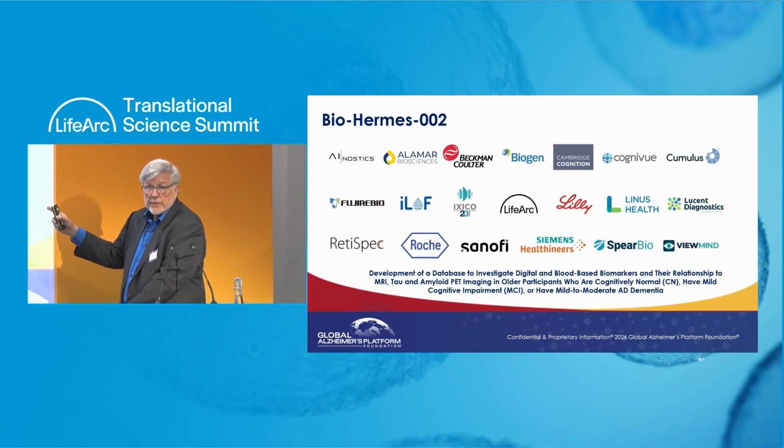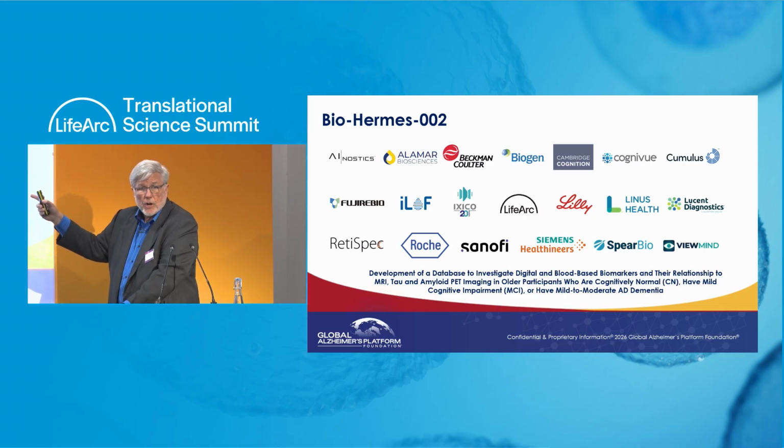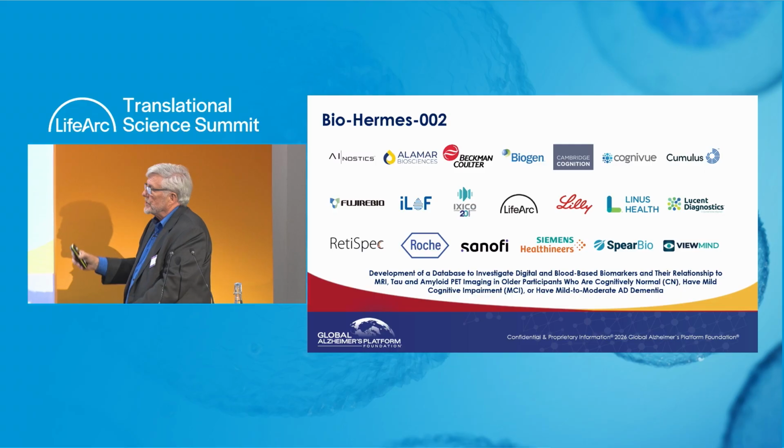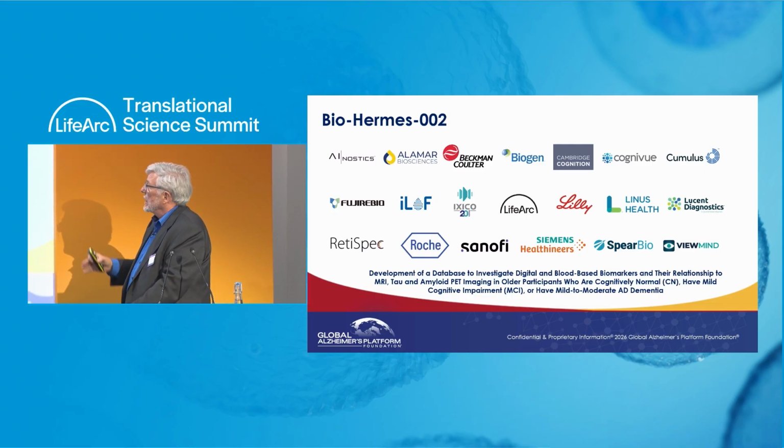Spear Bio wasn't even a twinkle in our eye in 2017. Neither was Alamar. It started in 2018. And they're bringing a next generation of blood test technology to the marketplace. In addition, thanks to LifeArc, we have the Capitainer blood spot technology being tested.